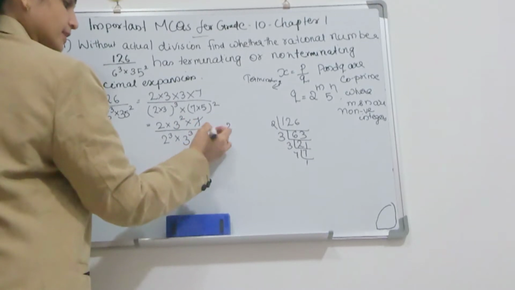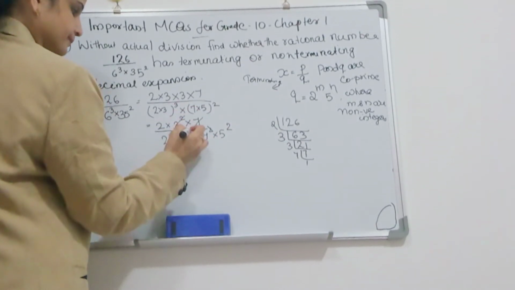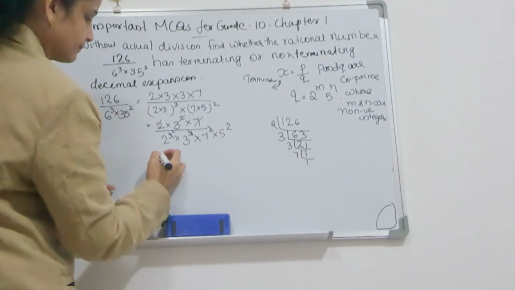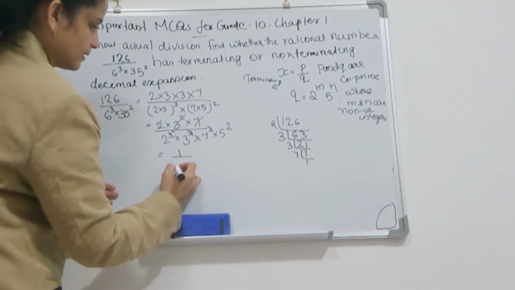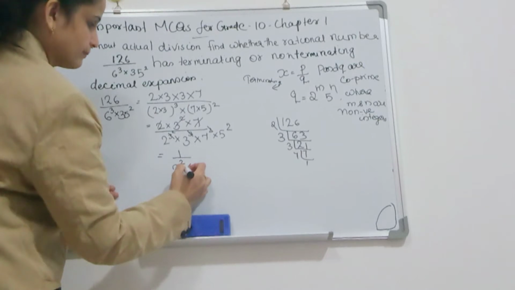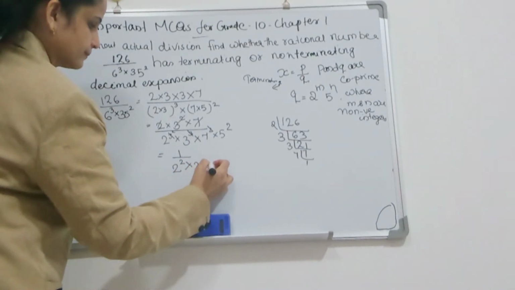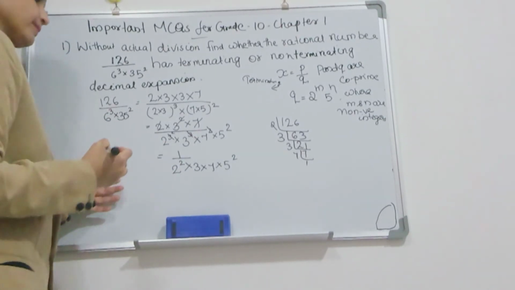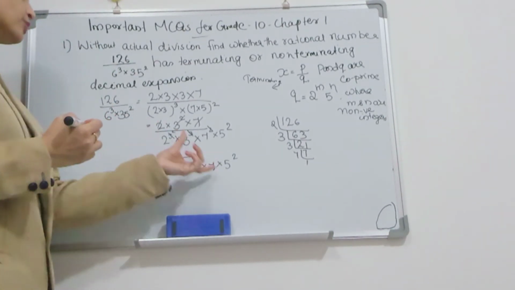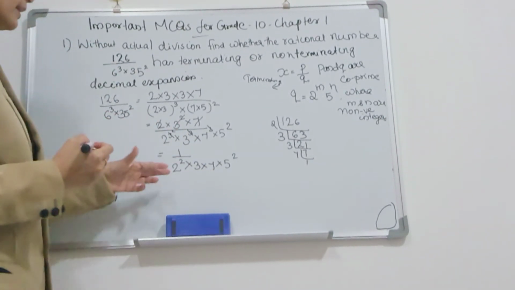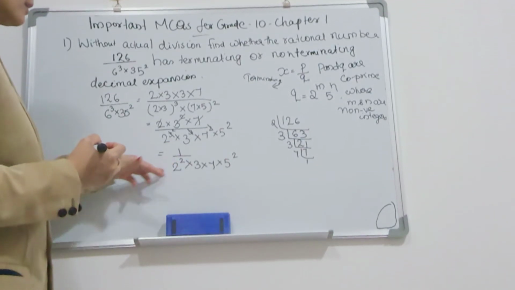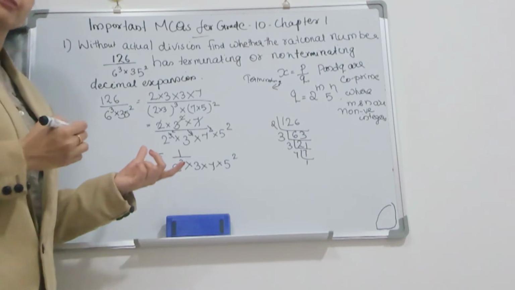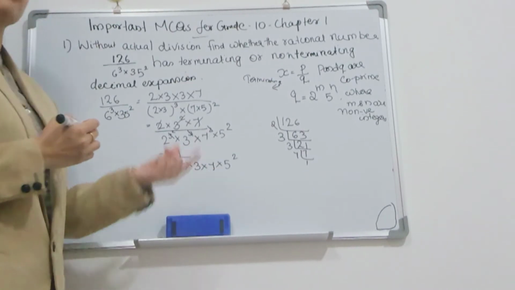After simplification, you will get 1 by 2 square into 3 into 7 into 5 square. After simplification, you check the denominator. Here only 2 and 5, only the product of 2 and 5. No, there is 3 and 5.